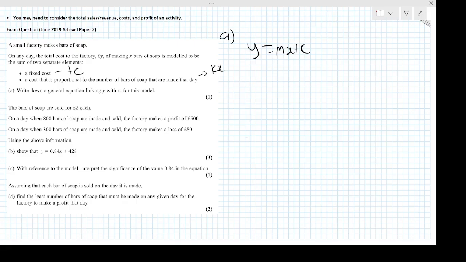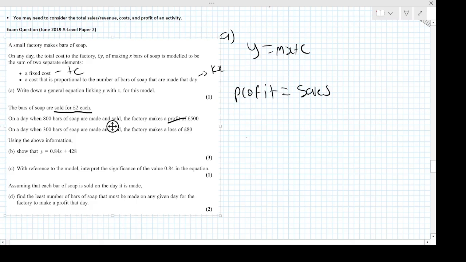I guess it's sort of common sense, but you need to be aware of the idea of profit, cost, and sales, so how much you sell stuff for. That's a business thing, and in general, the profit you make in a business activity is the total sales that you have.